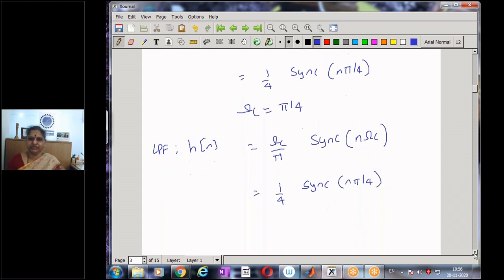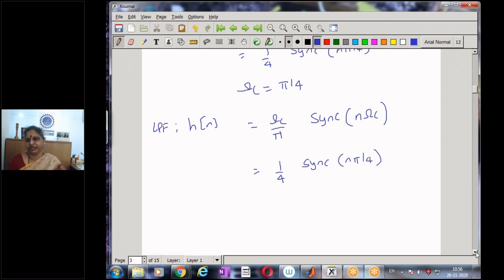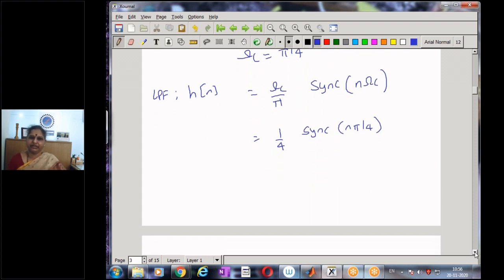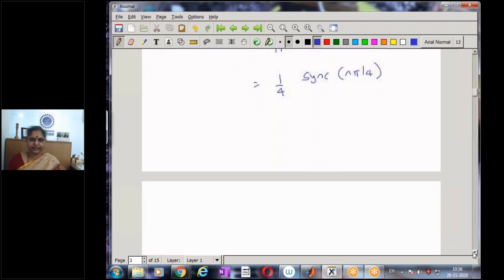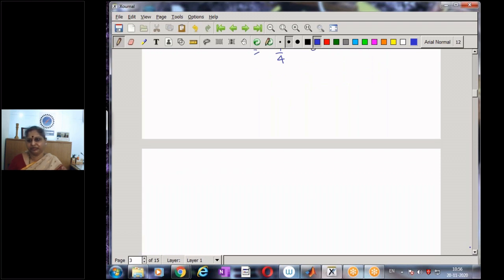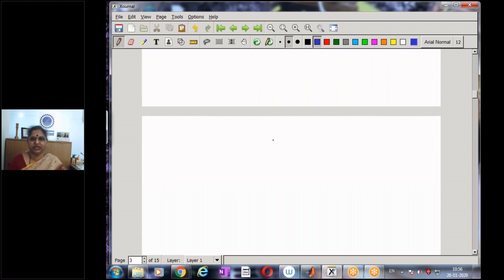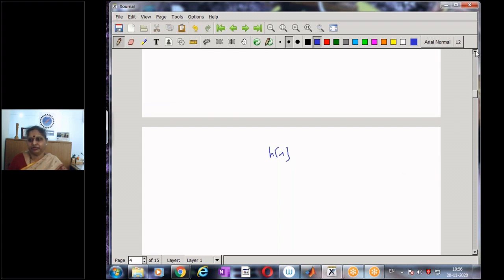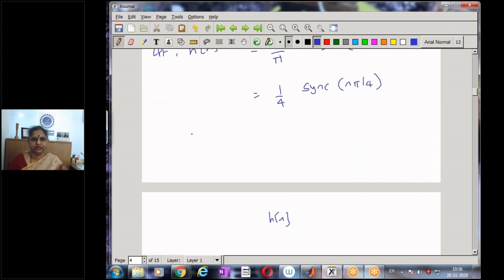So now for the second step, having computed h of n, we can always attempt to plot this impulse response, the designed filter h of n. Let's try to evaluate it for different values of n and plot the values.